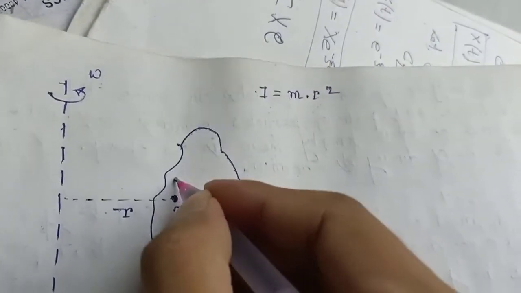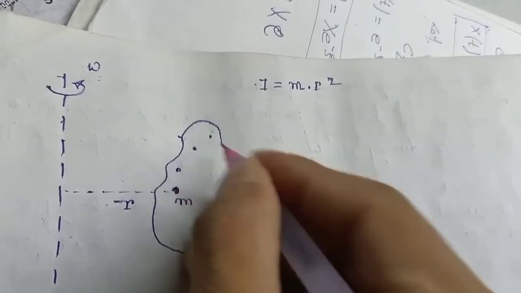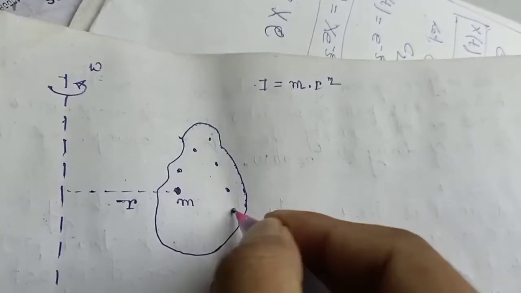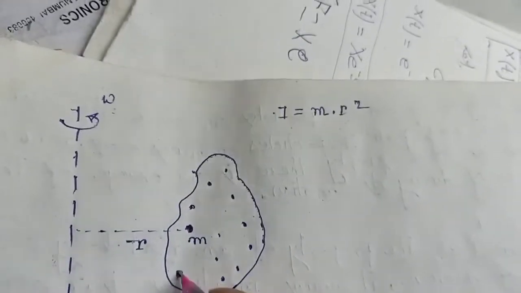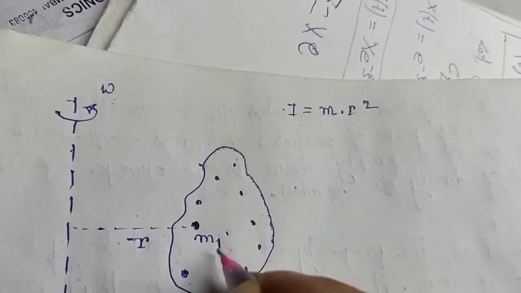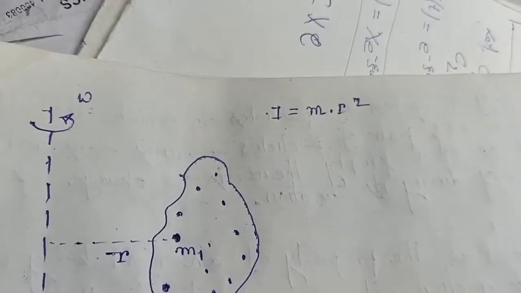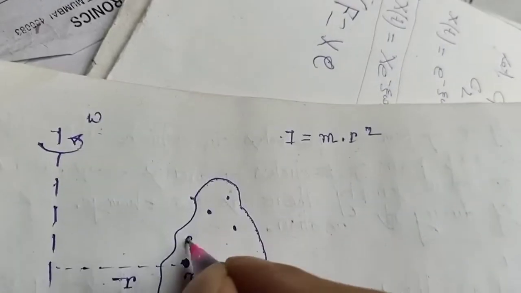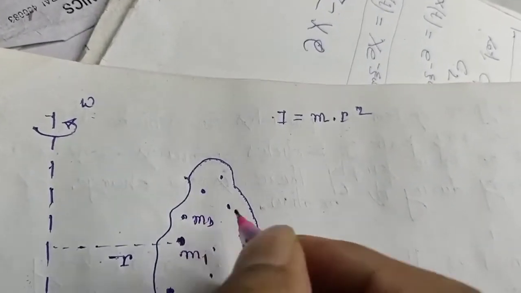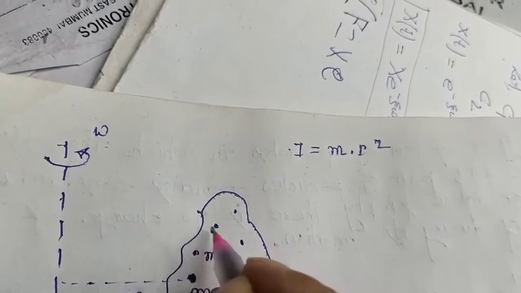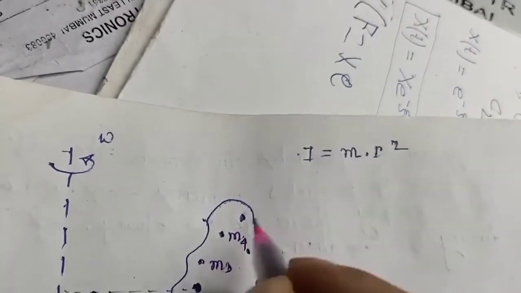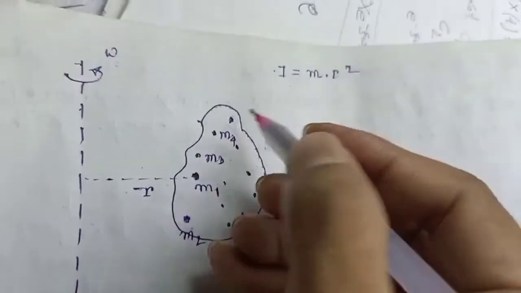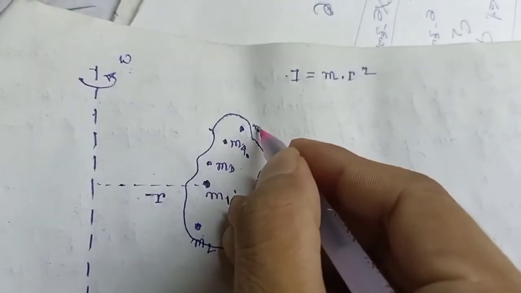So after breaking, if we get different point masses from this rigid body, let's say the mass of the first point mass is m1, the mass of the second is m2, the third is m3, the fourth is m4, and so on, and at last the mass of the nth point mass will be mn.